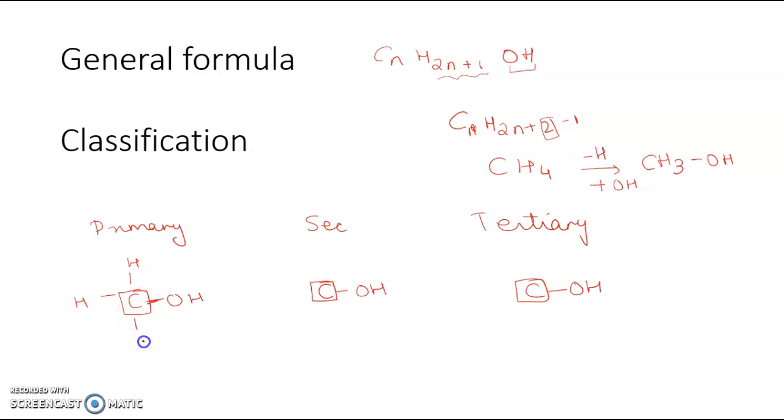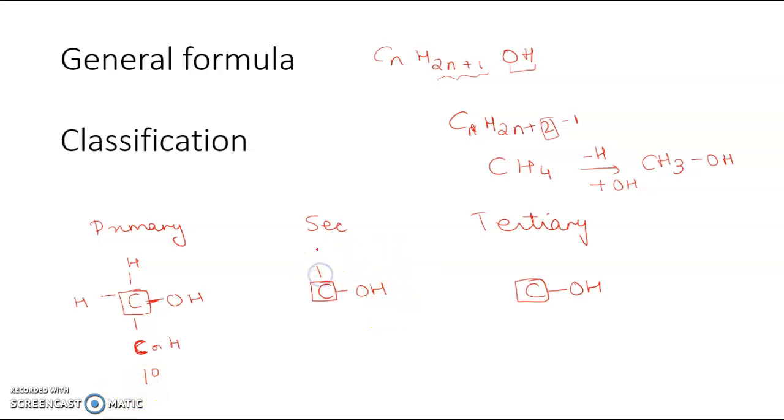It's not necessary that this particular carbon has to be attached to a carbon, or if it's attached to a carbon, it's just one more carbon, then we say that that alcohol is a primary alcohol.